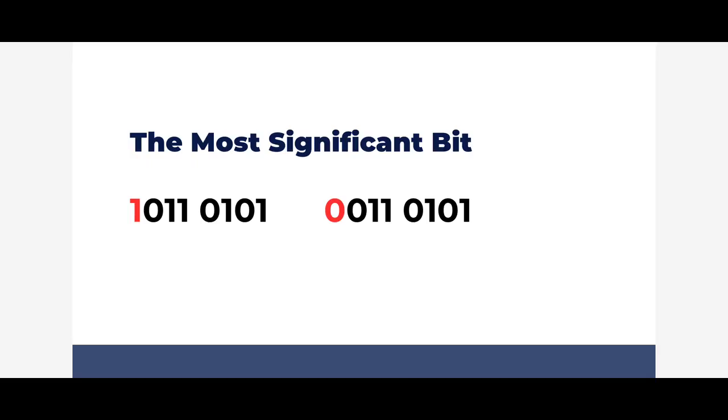These first digits are called the most significant bit. If the most significant bit is 1, it means that this signed integer is negative, and otherwise, in case of 0, it's positive. But this rule works for signed integers.